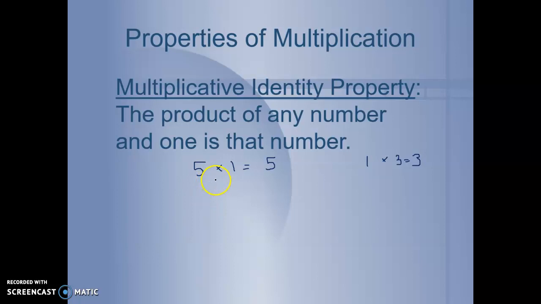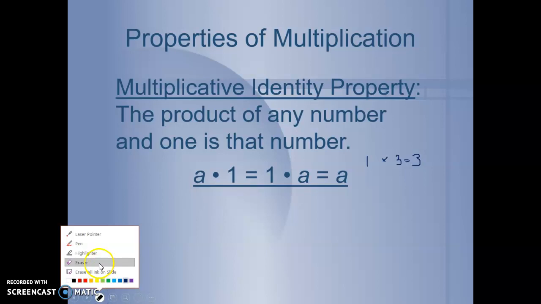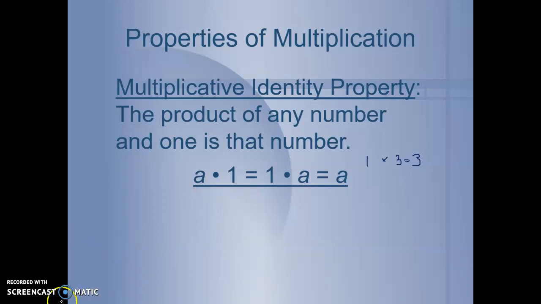So the product of any number and 1 is just that original number, that original factor. Using just our letters, we've got A times 1 equals A, or 1 times A equals A. A times 1 equals 1 times A equals A. There we go, I said it right that time.